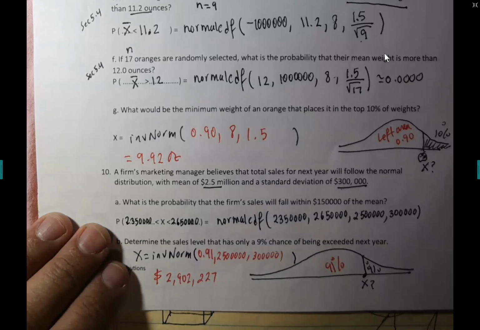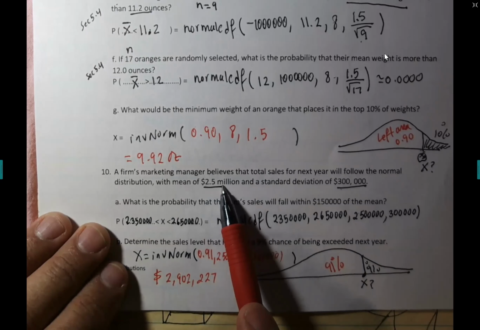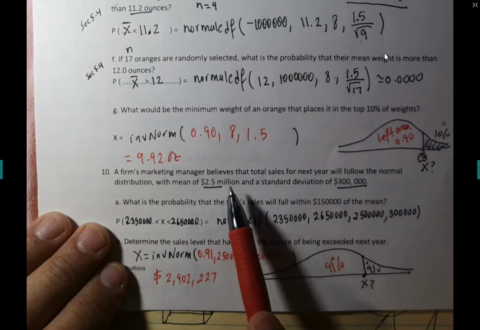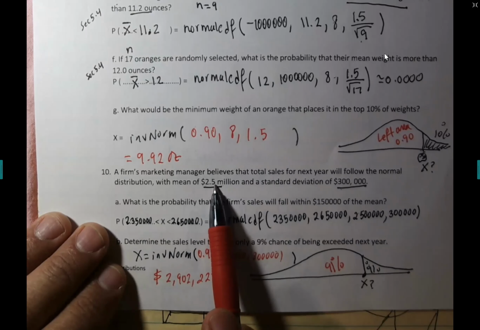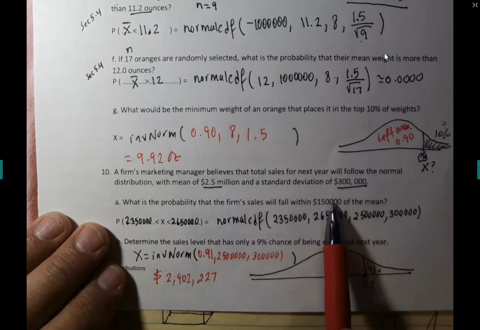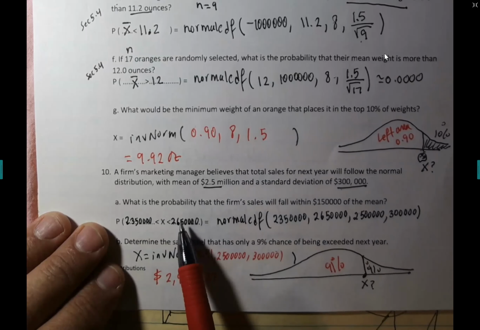So within 150,000 means you take the mean and subtract 150,000, and you take the mean and add 150,000, and it's between those two values. What we did here, we took the 2,500,000 and subtracted 150,000, and we took 2,500,000 and added 150,000, and we ended up with those two values.